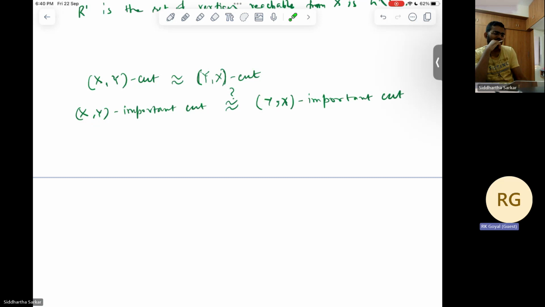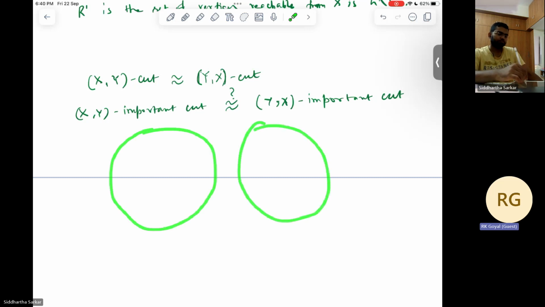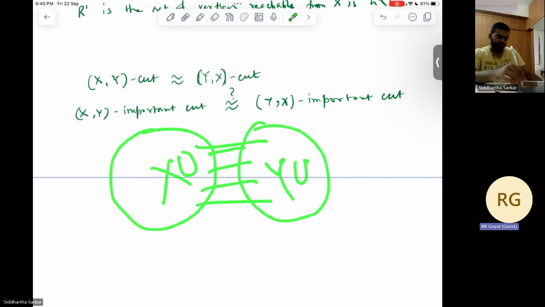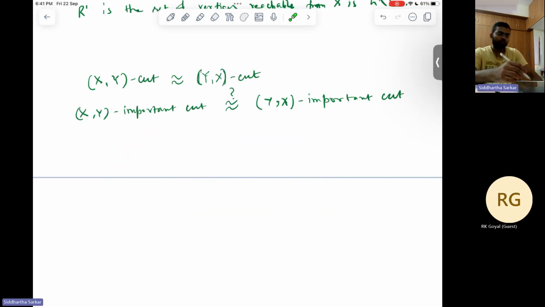In case of XY, we would have those vertices which are part of X. Once we find the cut, the connectivity between X and Y is lost, and R would only comprise vertices taken from the set X. But in the reverse direction, R would only have vertices which are part of the set Y and not X. So therefore, this is not symmetric. The cut could be symmetric, but important cuts need not be symmetric.